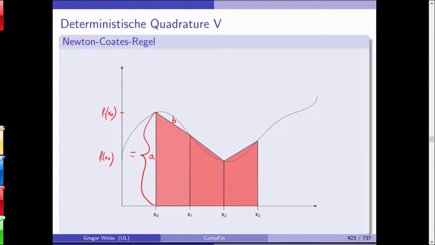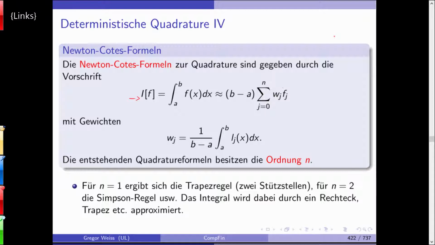So you take function values, for example f(x0), and you weight it times w1. Then you take, for example, this function value f(x1) times w0 or omega 0, and so on. And you see that in the end you get the sum of the weighted function values.